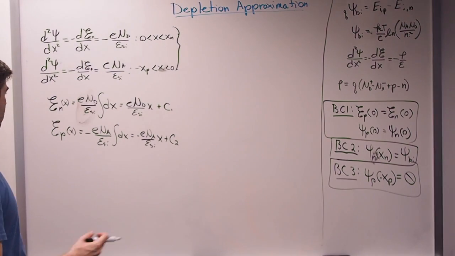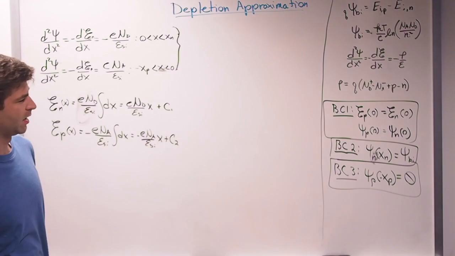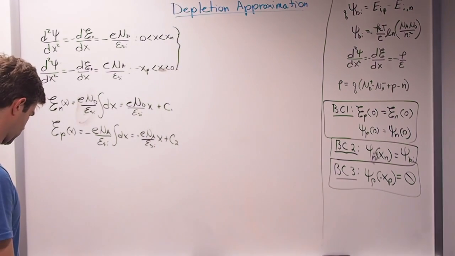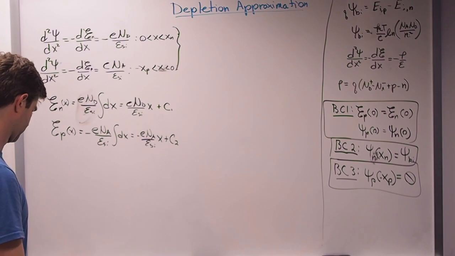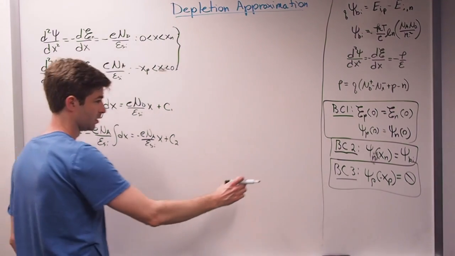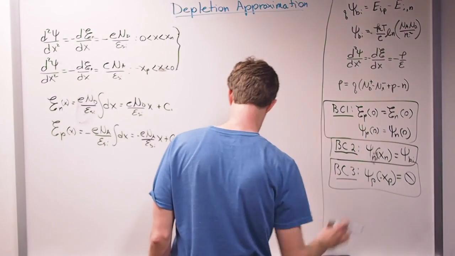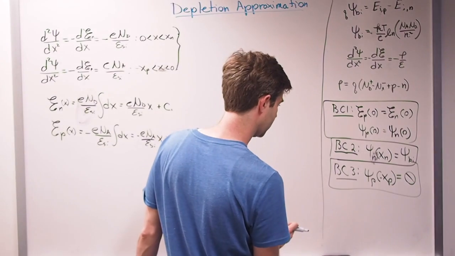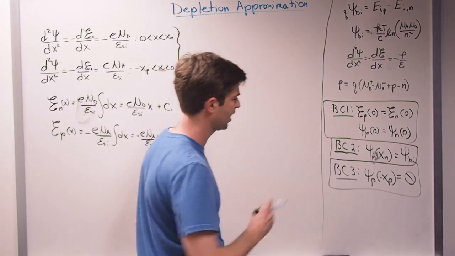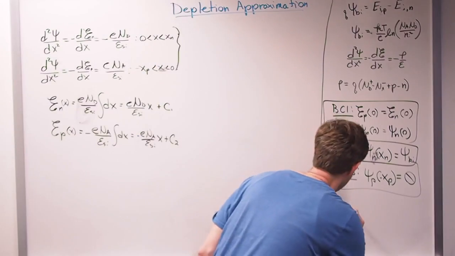Okay, so let's start applying these boundary conditions. What can I use first here? Well, let's see. How about these two right here? Or actually, do I have any other boundary conditions I can use? Oh yeah, you know what? There was a fourth boundary condition I forgot to add.